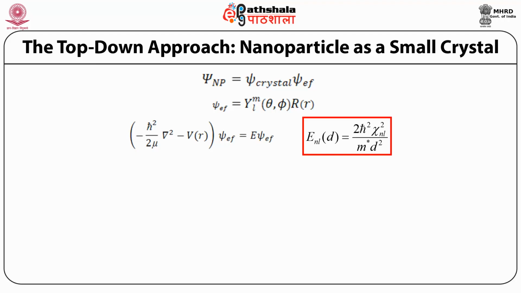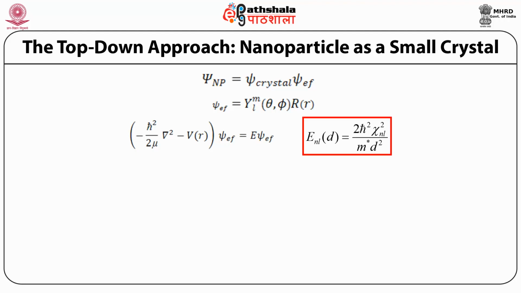The wave functions of electrons or holes in nanoparticles are described by the Bloch wave function of the bulk crystal multiplied by an envelope function to take care of the spatial confinement of the charge carriers, electrons and holes, and are given by psi nanoparticle equal to psi crystal multiplied by psi EF, where psi crystal is the Bloch function for the bulk crystal and psi EF is the envelope function due to spatial confinement.